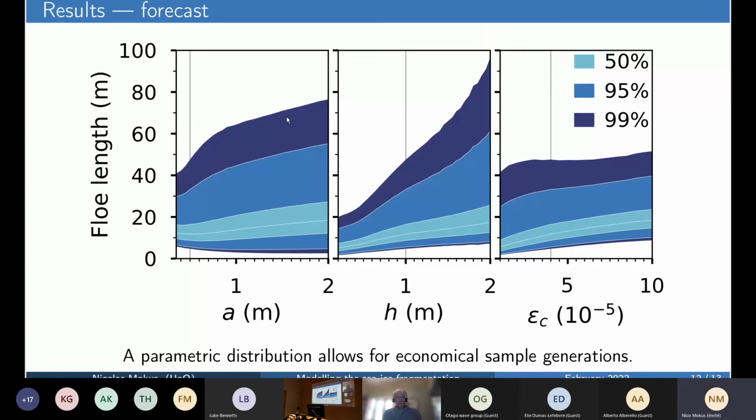Being able to make this kind of prediction will be useful to generate subgrid flow sizes when running a large-scale sea ice model coupled to a wave model, to represent the effect of processes impacted by flow size and not just ice concentration.